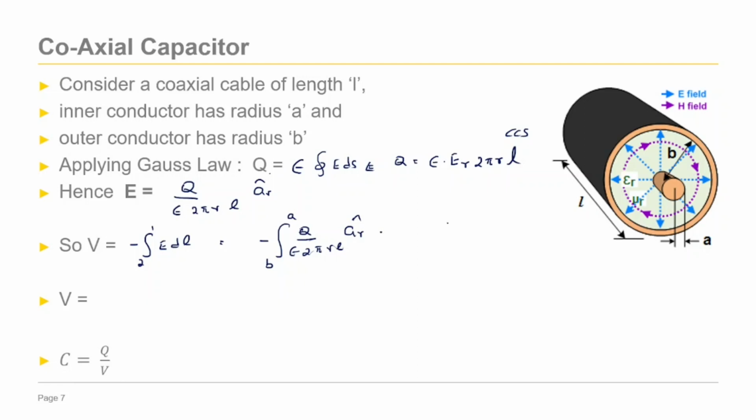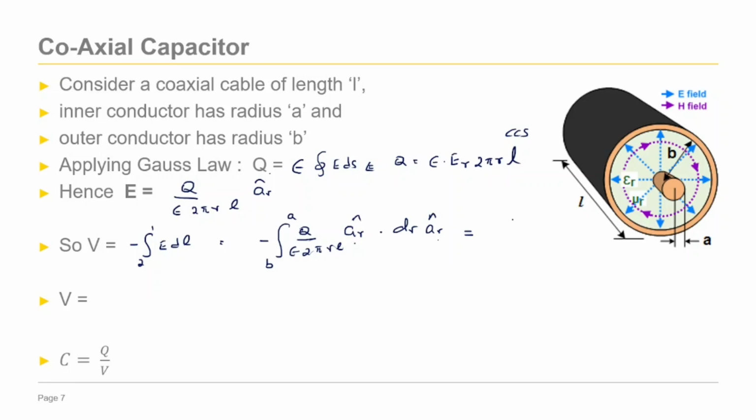Differential length in this case is going to be dr AR, because in the R direction for the cylindrical coordinate system, we have already proved this. So AR times AR is going to be equal to 1, and Q by epsilon 2 pi L is a constant.